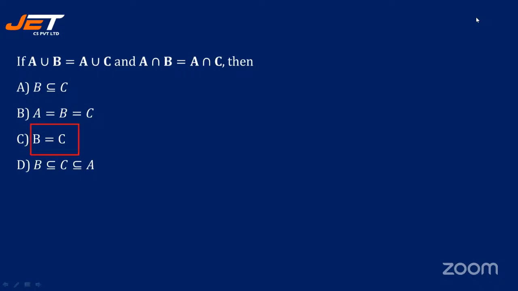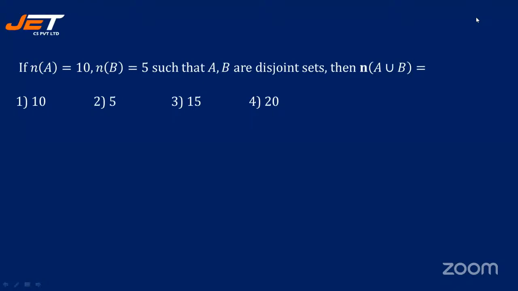It is option C, B is equal to C. A union B is equal to A union C and A intersection B is A intersection C, which means that B is equal to C.